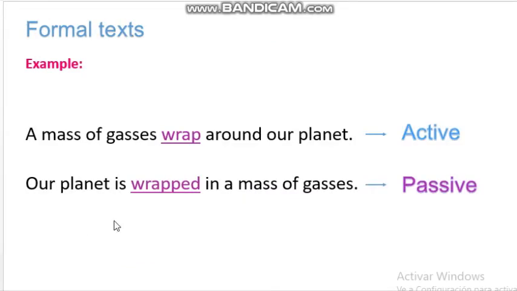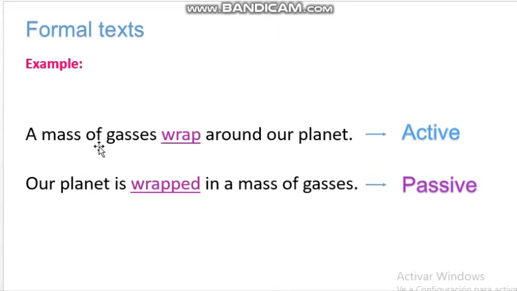The passive voice is often used in formal texts too. Switching to the active voice will make our writing clearer and easier to read. So that means that the passive voice is used in formal texts.